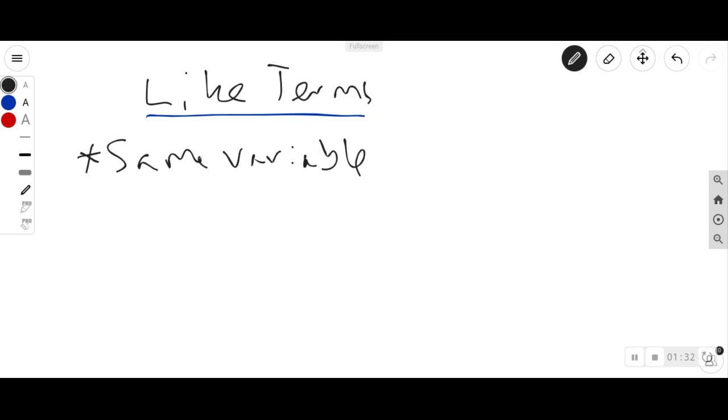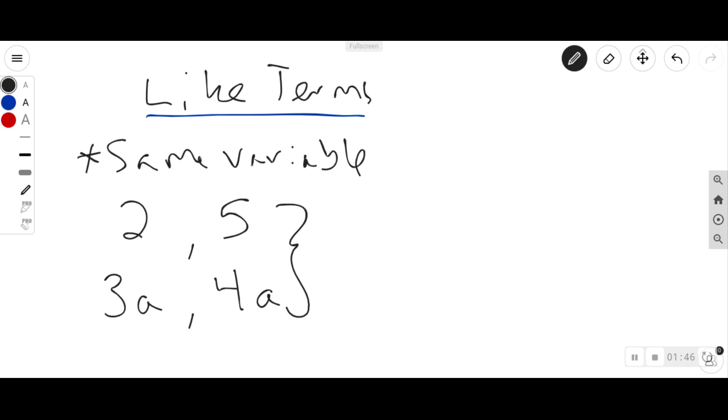So for example, any two numbers, like let's say 2 and 5, are like terms. 3a and 4a are like terms. So these are all like terms.